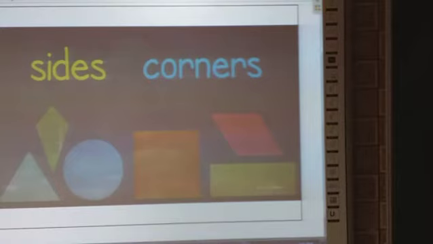We get different kinds of shapes depending on how many sides and corners they have. But what are sides and corners? A straight line in a 2D shape is called a side. A corner is where 2 sides meet. A corner can also be called a vertex.